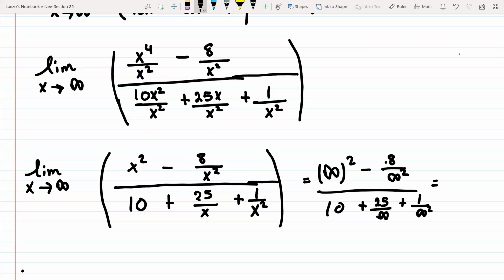Okay, so infinity squared is just infinity. 8 over a very large number is going to end up to 0, so it's going to be minus 0. And then this is going to be 10 plus 25 over a very large number, which is 0. And then 1 over infinity squared, or 1 over a very large number, is going to be 0. So it's going to be infinity over 10, which is just going to be infinity.